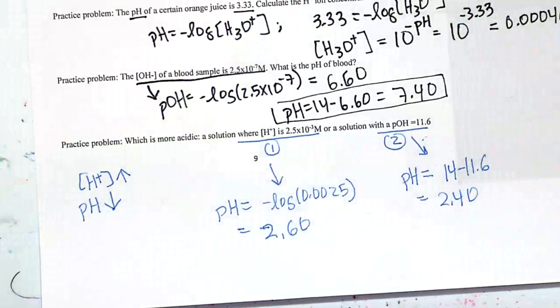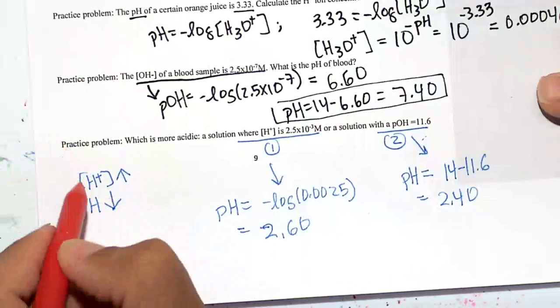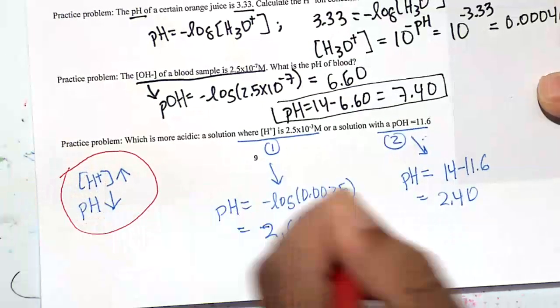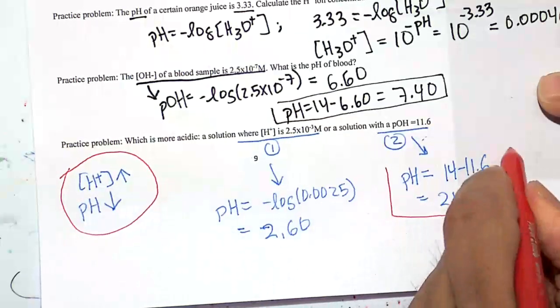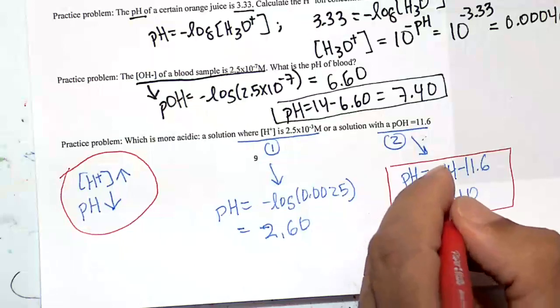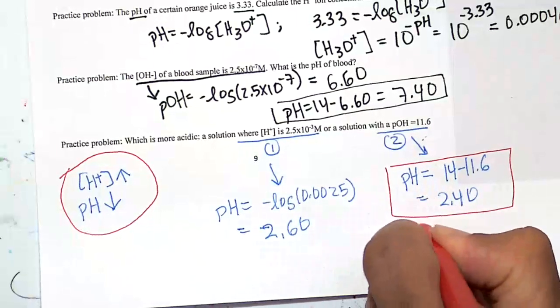So which is more acidic, a pH of 2.6 or a pH of 2.4? 2.4 is the right answer. You need to remember this relationship: the lower the pH, the more acidic it is.